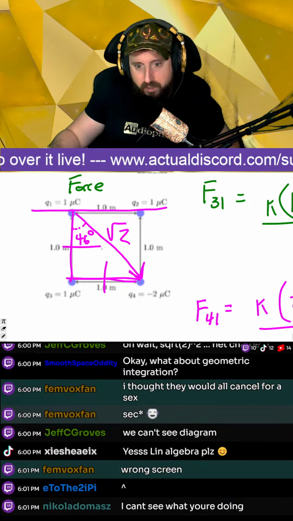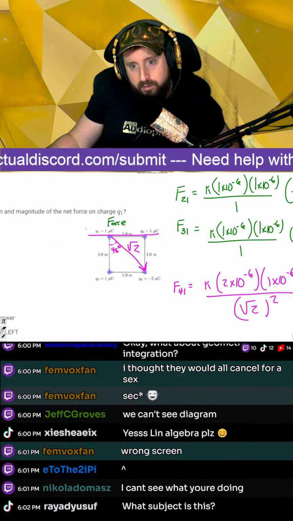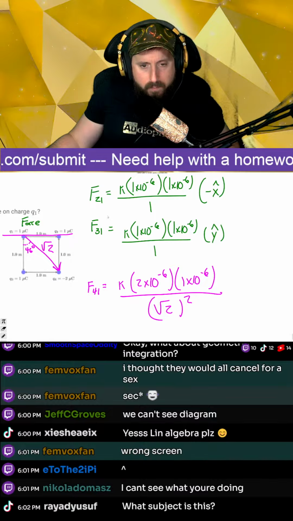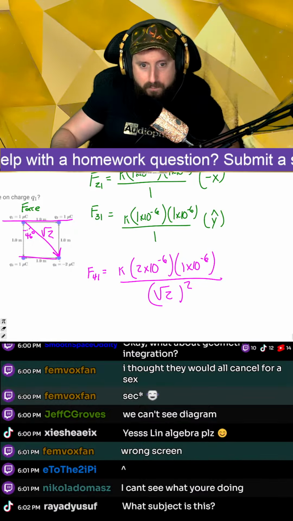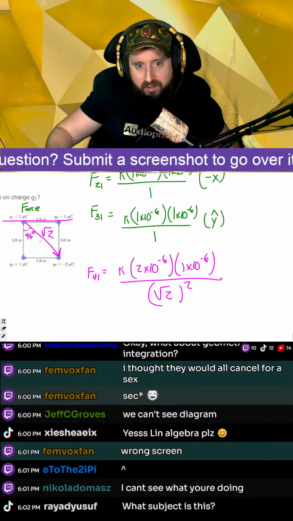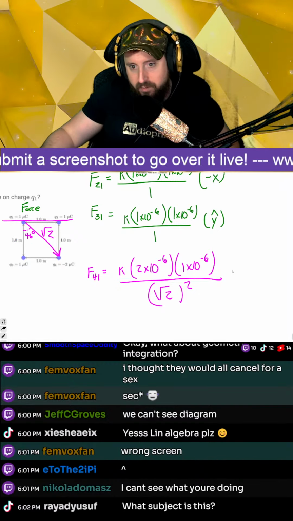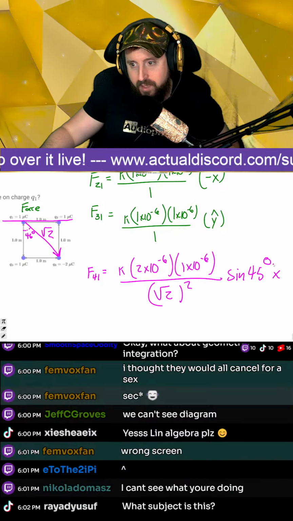This is an isosceles triangle. If this is an isosceles triangle, this is 45 degrees. This is physics. So this is the magnitude of the force, right? But if I want to know the component in the x hat direction, that's going to be sine of 45 degrees. So I would say this, sine of 45 degrees in the x hat direction.